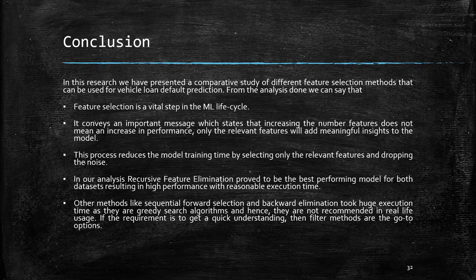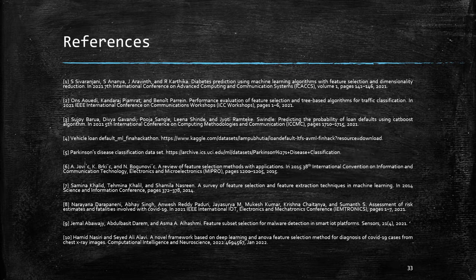So if we need a quick understanding of which features are important, we can go for filter methods like ANOVA and correlation. But the best method to go for when we have big data at hand is recursive feature elimination. It is not advised to go for sequential forward selection and backward elimination, as they take huge execution time.